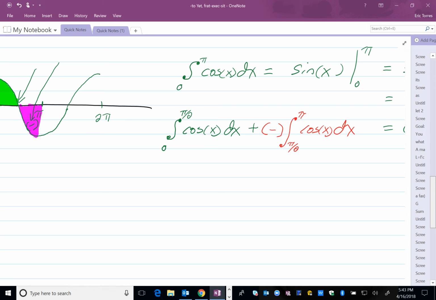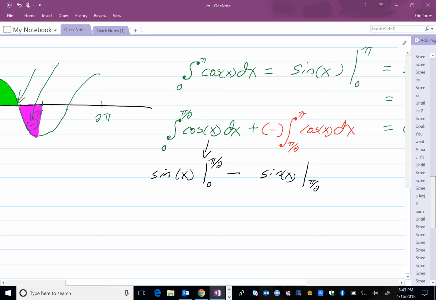Which means instead of saying plus a minus, I'm just going to subtract it. So basically, I'd be looking at two separate problems here. And that would be going from this antiderivative, which will be sine of x from 0 to pi over 2, minus sine of x from pi over 2 to pi.